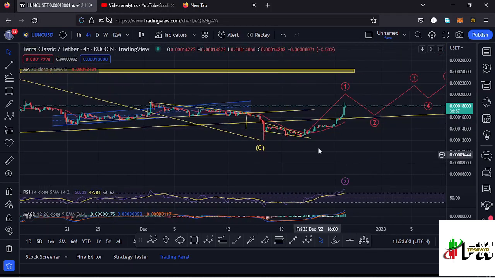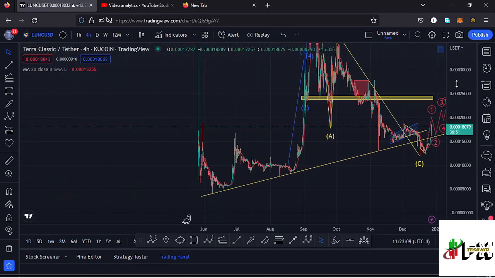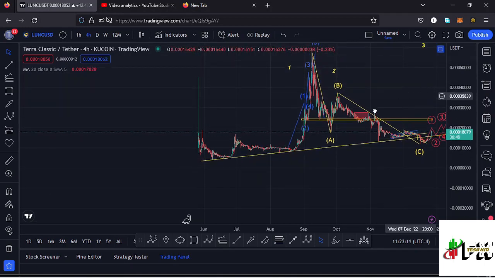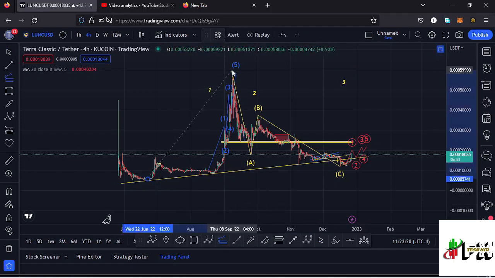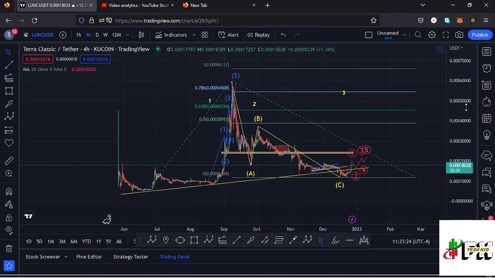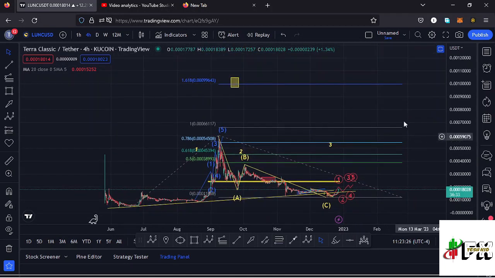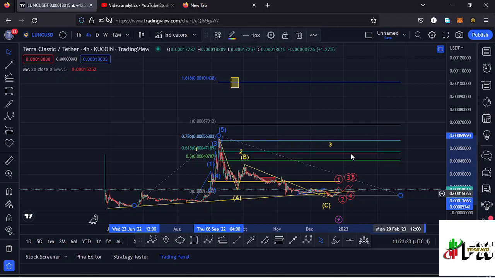And because this might be the start of that impulsive movement to the upside in the formation of that higher Elliott wave count 3 that I'm expecting on the long-term scenarios, we can sketch out a minimum target area to the upside in the formation of this wave 3 using a trend-based Fibonacci, connecting it from the low of the first wave to the high of that wave 1, then dragging the fibs to the low of the second wave, and that gives me a minimum target area to the upside in the formation of that wave 3 at the fib level 1.618, which perfectly lies at around the $0.01 mark.